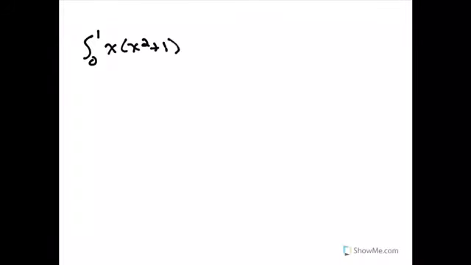Another way I could do this problem is to say it's the integral from 0 to 1 of x times x squared plus 1 cubed dx. My u is x squared plus 1. My du is 2x dx.